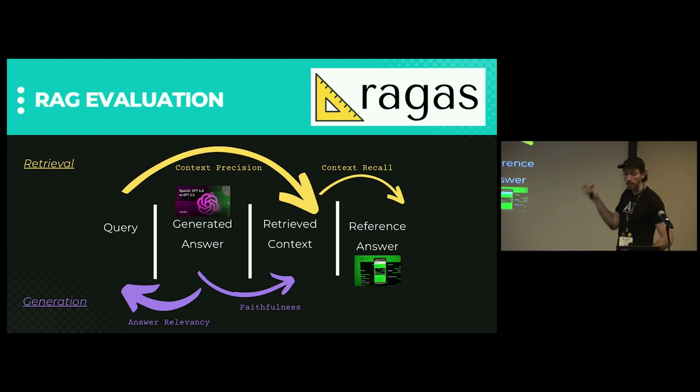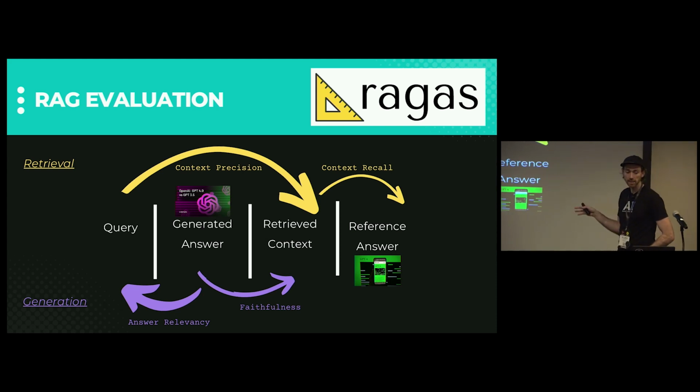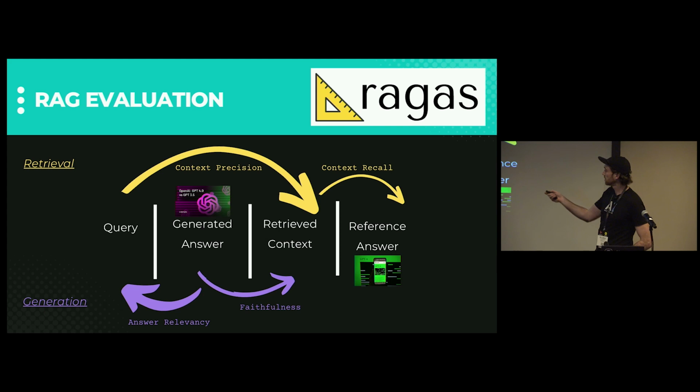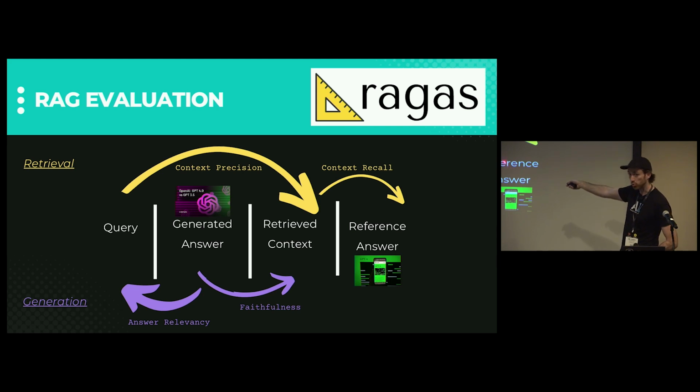It's measuring how relevant the retrieved context is to the question. Okay? That's essentially the big idea here. The recall is just recall, true positive rate, of the retrieved context. So based on this answer, that's the truth, is this the context that would give me that?